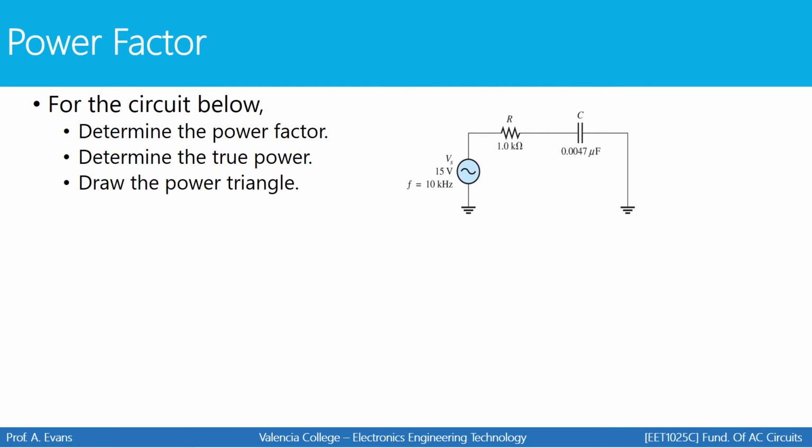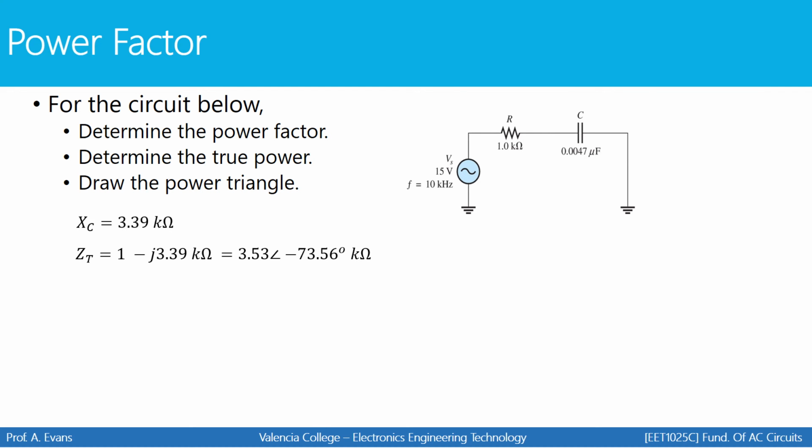So let's start with our first example. For this circuit, we have a series RC circuit. We're going to determine the power factor, the true power, and then draw the power triangle. So first, let's start with the power factor. I need to find XC first. Remember, that's 1 divided by 2 pi FC. That gives me XC. Then I'm going to find ZT. Remember, R minus jXC.